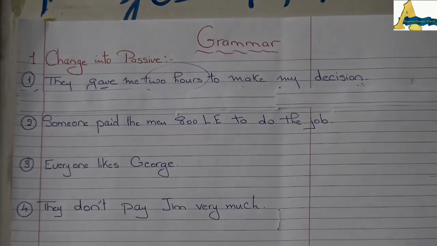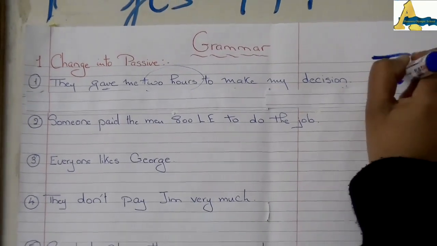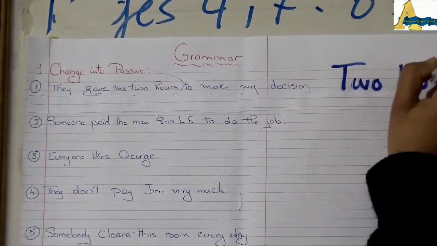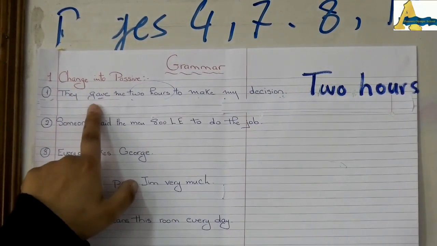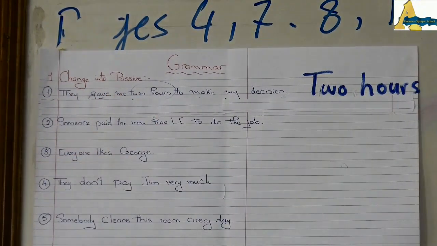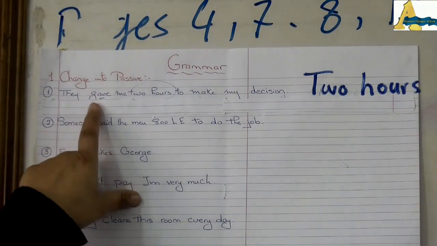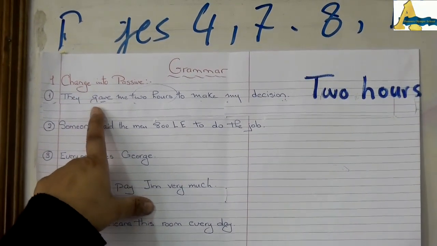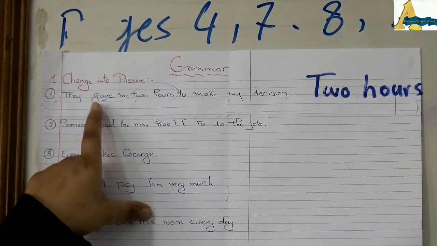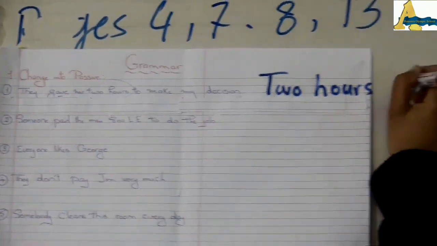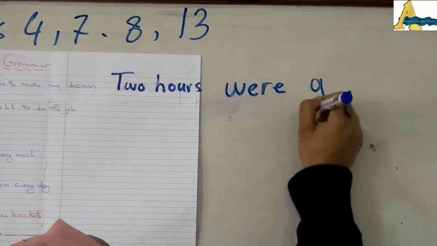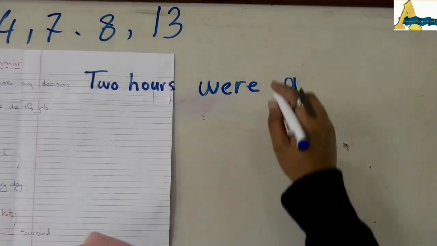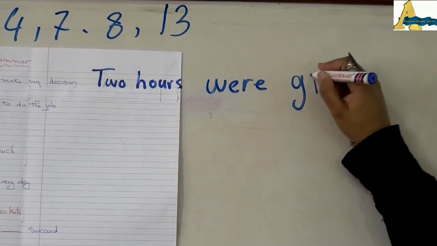So 2 hours. According to the tense of the verb, we will use verb to be. Here the tense is the past simple, so we have to use 2 hours were, and then we have the past participle of give, which is given.